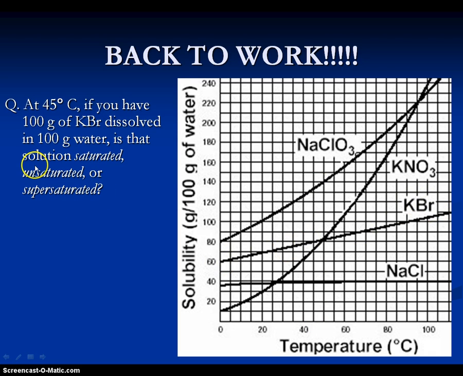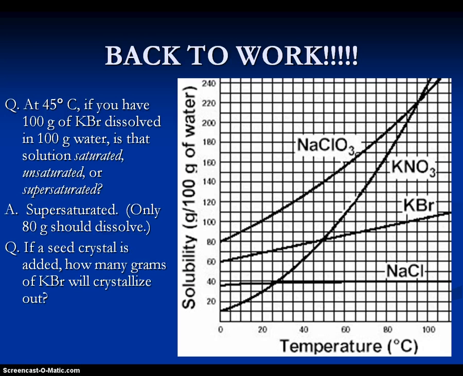So that indicates that you have a supersaturated solution. It should only be holding 80 grams, but it is holding 100 grams. Now, if we were to add a seed crystal and allow that excess to come out of solution, we could figure out how many grams would actually crystallize out. That would be whatever you have in excess. So in this case, we have 100 grams when we should only have 80. So if we added a seed crystal, 20 grams would come out of solution.